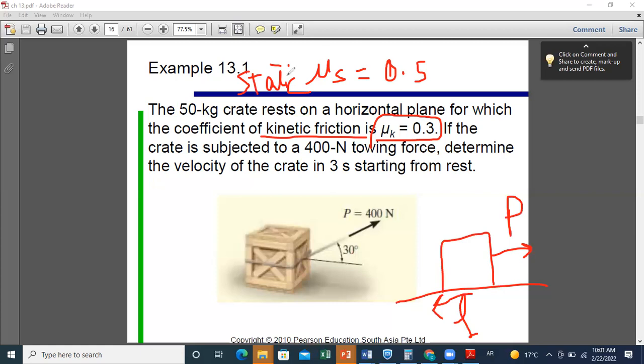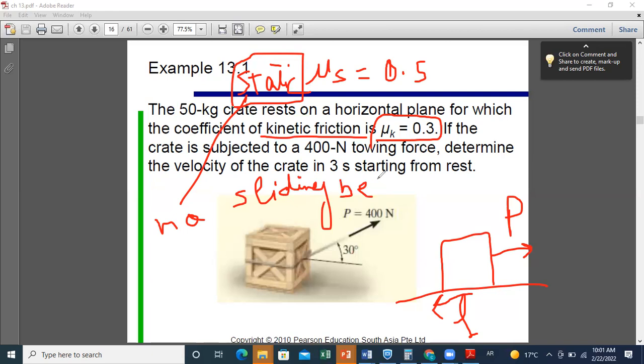Whenever we say we have a static friction, this means that no sliding between the surfaces. As long as you have a static friction, the two surfaces will not slide with respect to each other. And in the case of a box that is sitting on the ground, if it's not sliding with respect to the ground, which is fixed, then the box will be fixed.